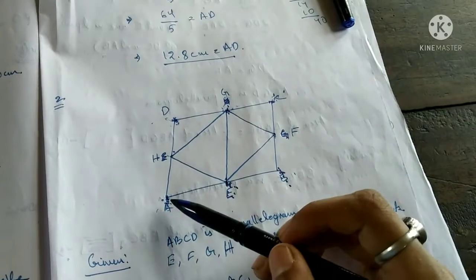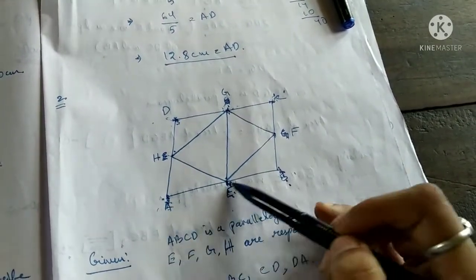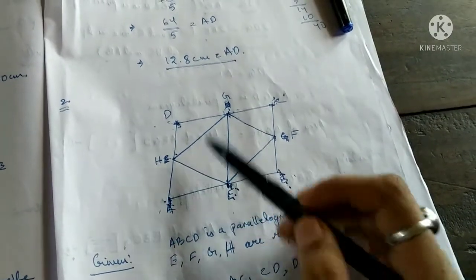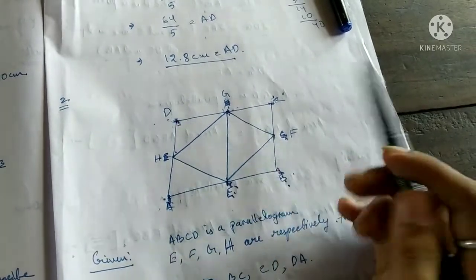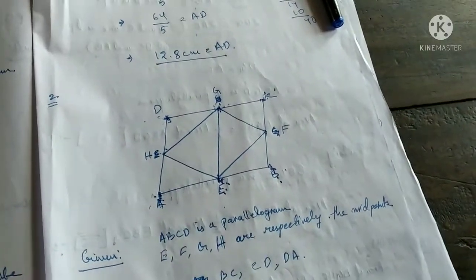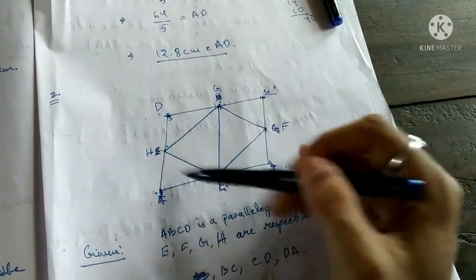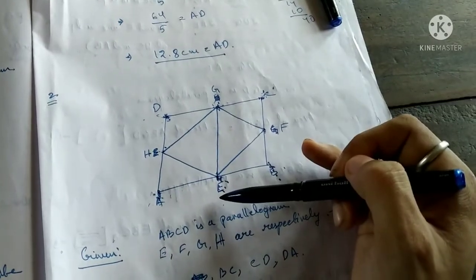So therefore now I can say that AEGD is a parallelogram, because I have shown that opposite sides are parallel and equal. Now if you look here, in this parallelogram there is a triangle also. This triangle and this parallelogram share the same base.